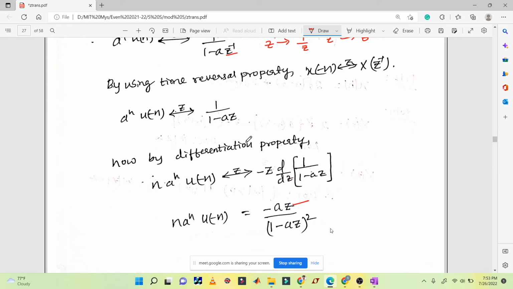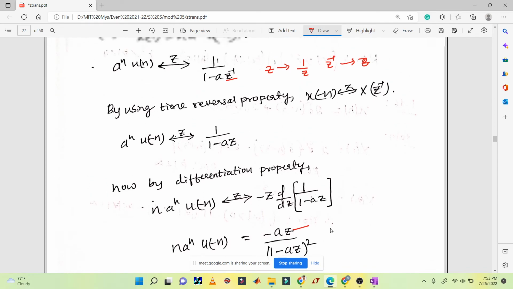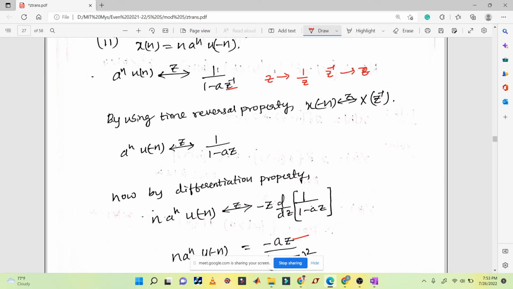Now standard equations you have to start remembering. a to the power n u of n, the standard equation, is 1 divided by 1 minus a z inverse, with a z inverse less than 1, that is, z greater than a. So these terms you start remembering. Applying first the time reversal property, then you will get this one.